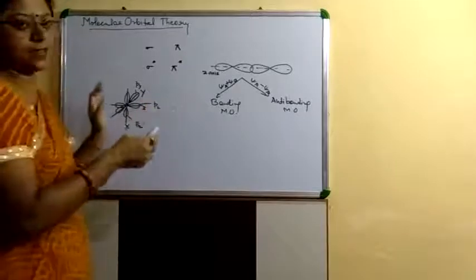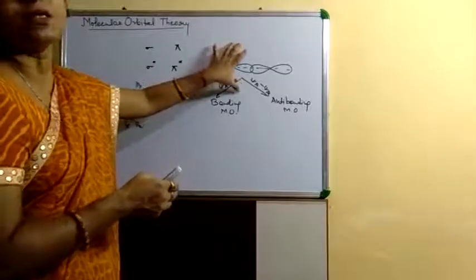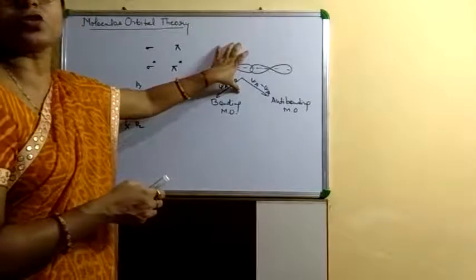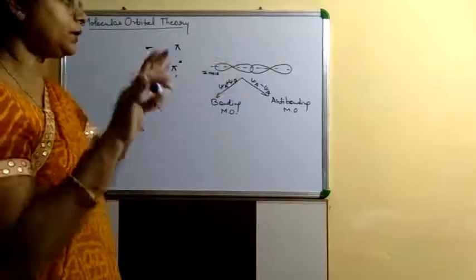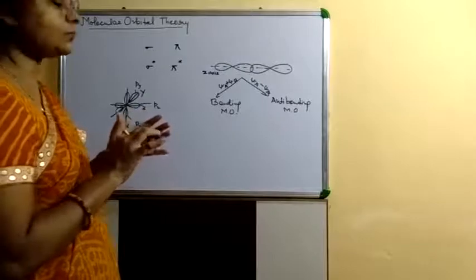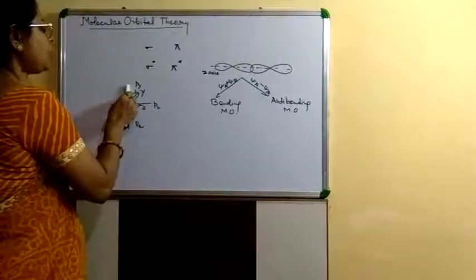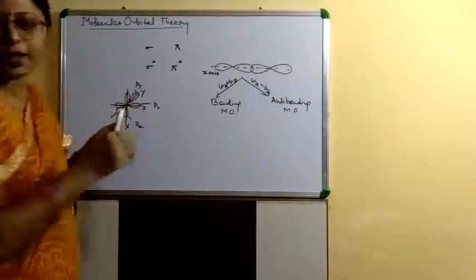In these cases, the pz orbitals form the sigma bond because they reach each other along their axis. But the px and py orbitals are not approaching each other along their axis.